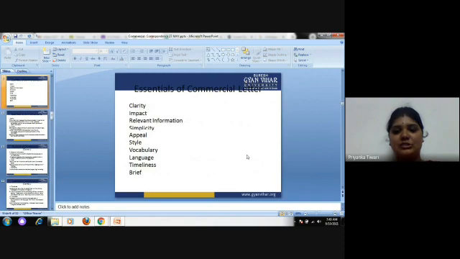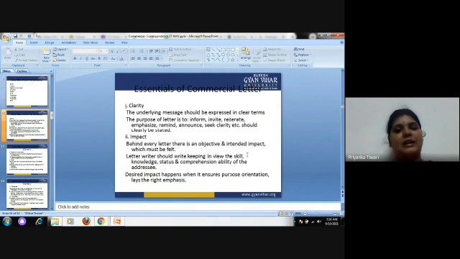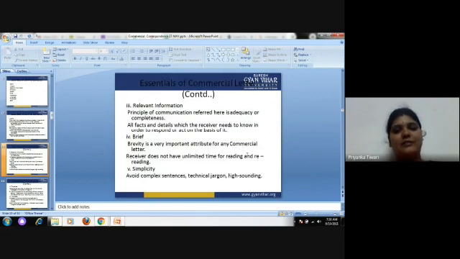There are some essentials of commercial letters: clarity, impact, relevance, simplicity, appeal, style, vocabulary, language, and timeliness. Clarity is very important, as are impact and relevant information.